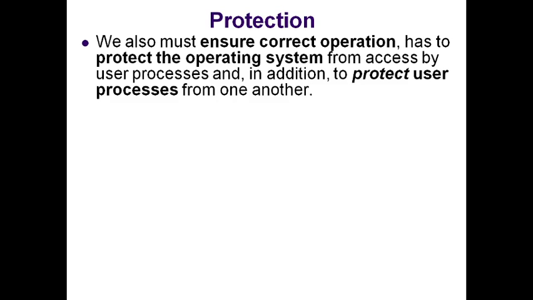If a program is written with malicious intent, then it could manipulate the addresses of other processes, even the operating system. So it could result in corruption. The data of processes could get corrupted. That is a problem, and we have to protect the operating system and user processes from that kind of improper access and manipulation.